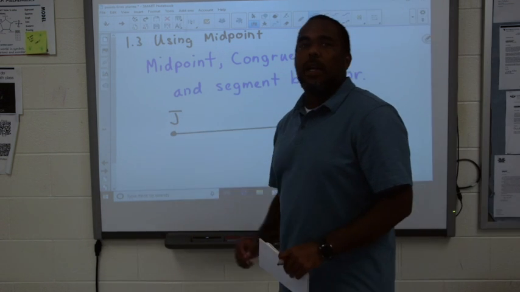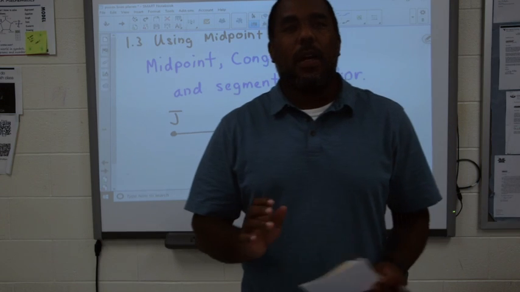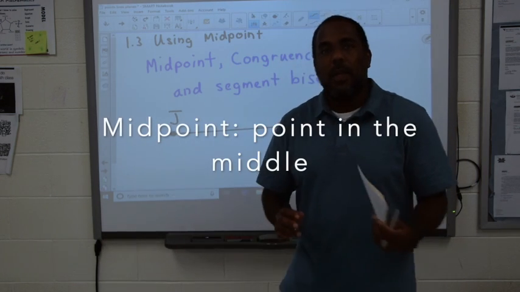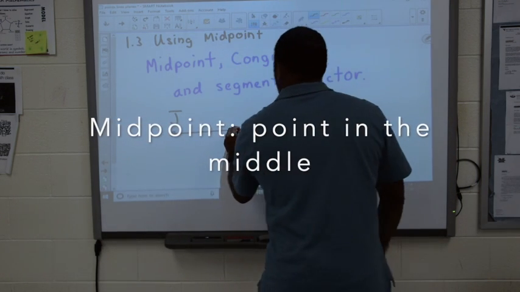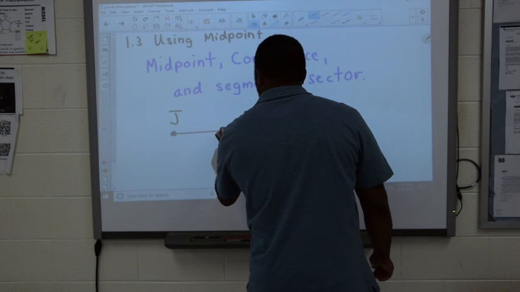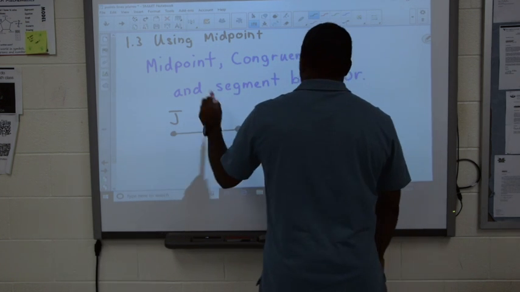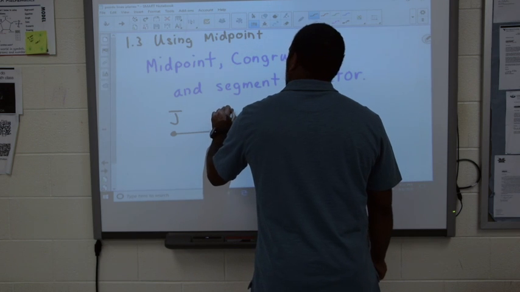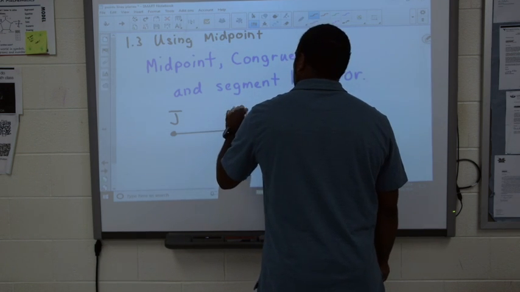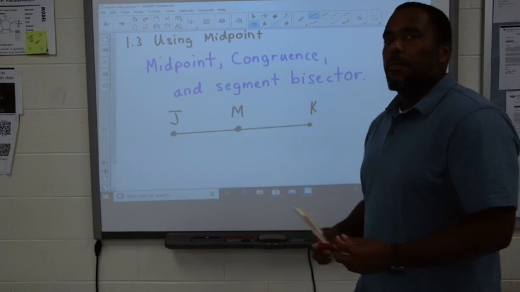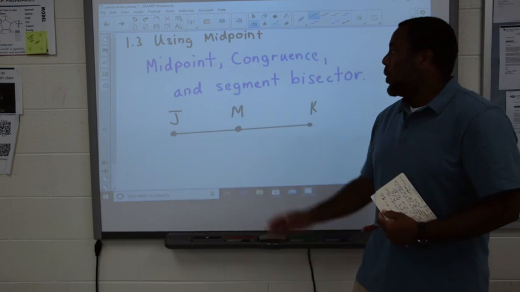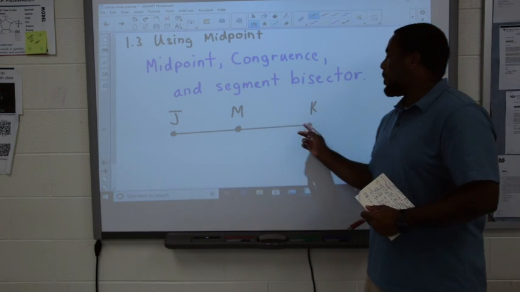The midpoint is literally the point in the middle. The point in the middle. So here would be my midpoint. And I'm going to call it M. Point M for middle, for midpoint. So now we would have JMK.